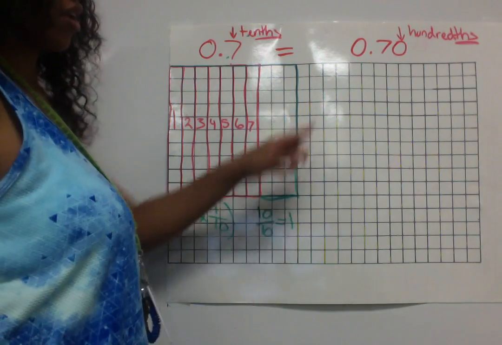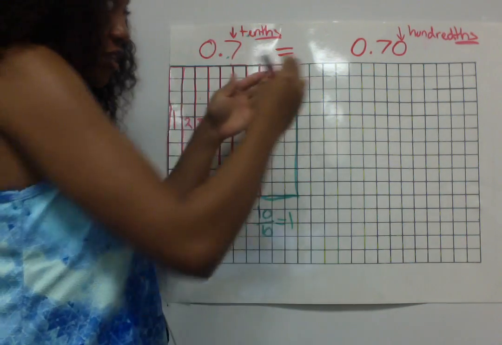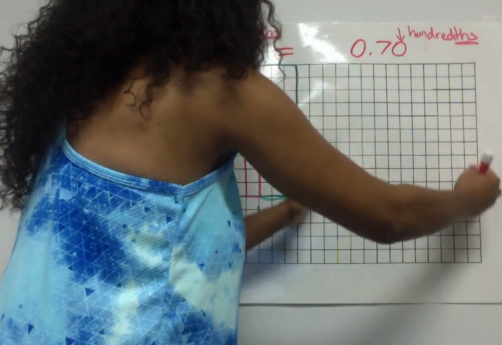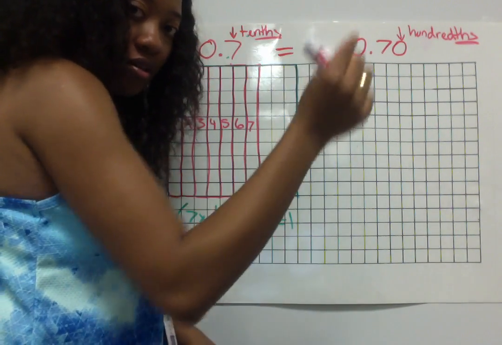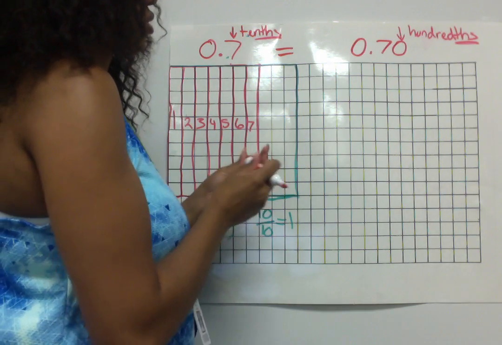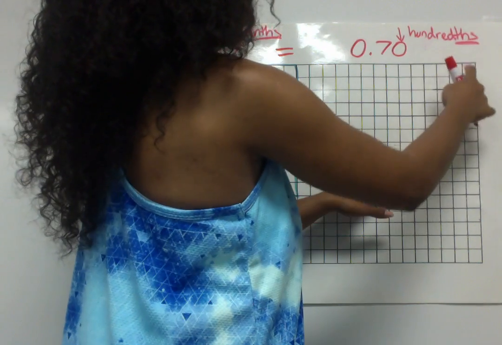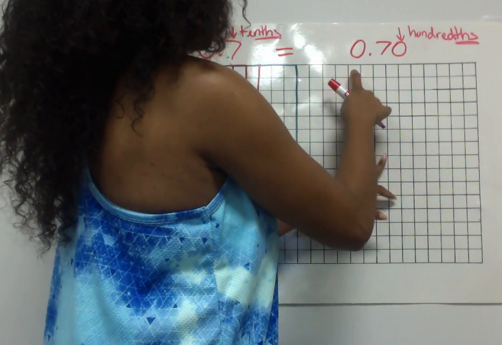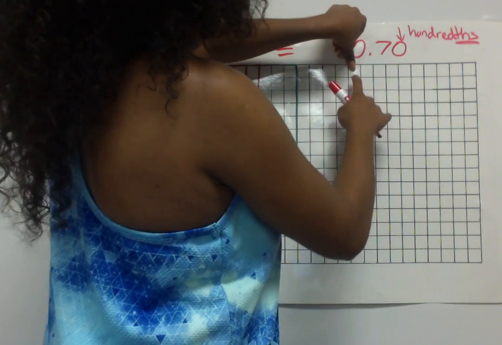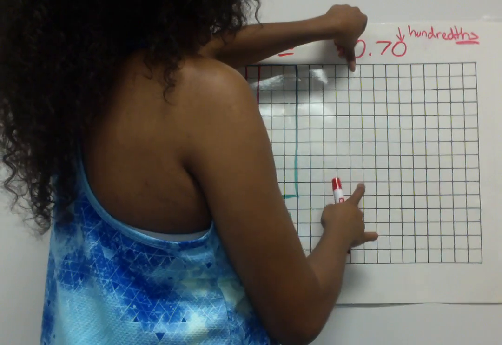Okay. With hundredths, remember that's individual. That is the decimal grid. That's the grid that looks like you have ones and you count all the way to 100. So let me get, I'm going to go from this end so I make sure I have room. 1, 2, 3, 4, 5, 6, 7, 8, 9, 10. And I'm going to go down 1, 2, 3, 4, 5, 6, 7, 8, 9, 10.